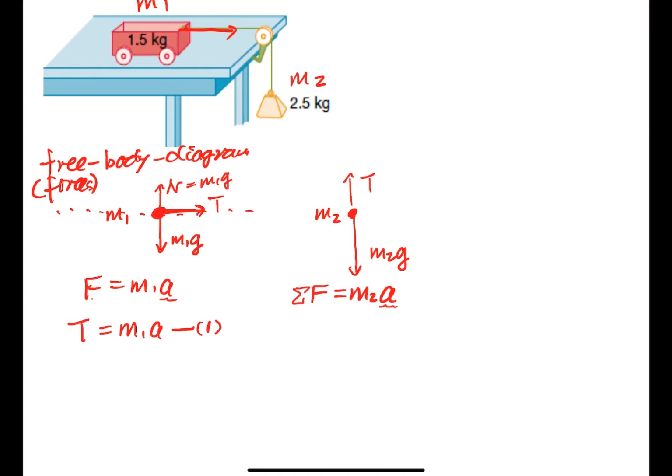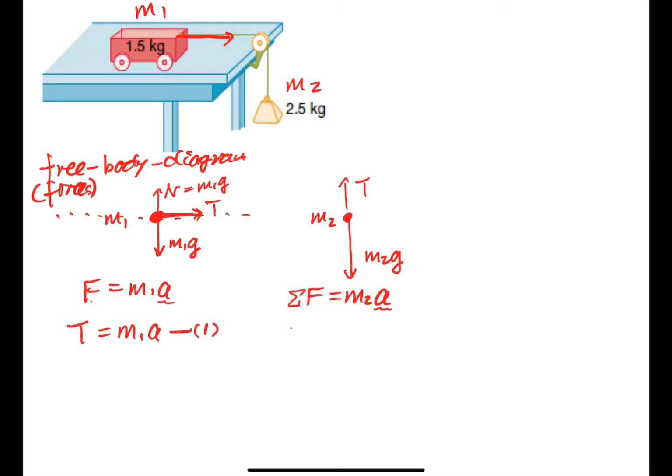Which one is bigger, M2G or T? M2G. So when one is down and one is up, when you just look at the numbers, forgetting about the direction, which one's bigger? The down is bigger. So when you say the sum, it means this one subtract this one, like algebra. So the sum of the forces is M2G minus T.